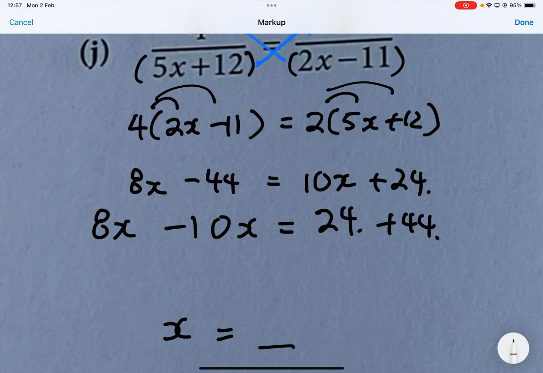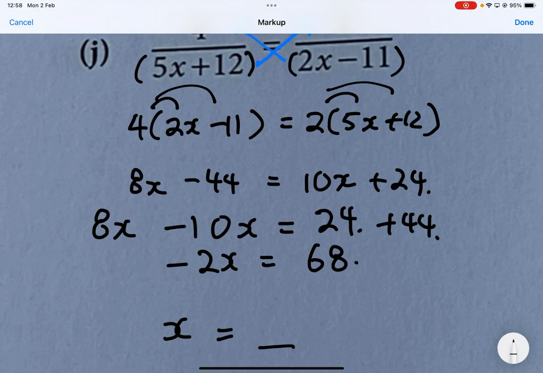Can, Nabila? Put all the x on one side, put all the numbers on the other side. Okay? 8x minus 10x, negative 2x. 24 plus 44, 68. One away, bro. One away. Then I want x. I don't want negative 2x.